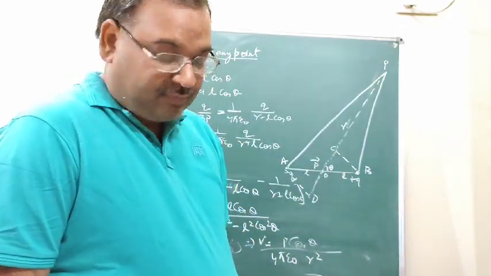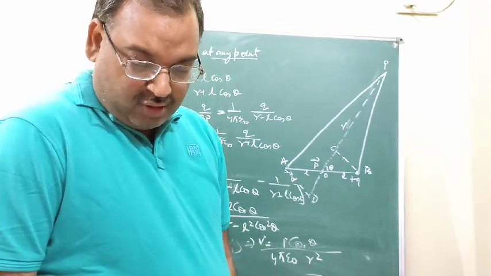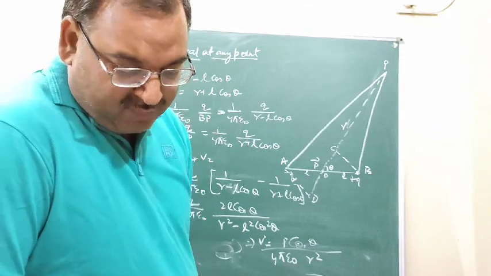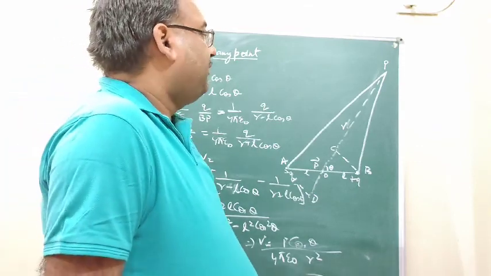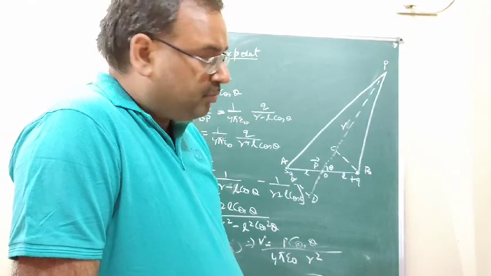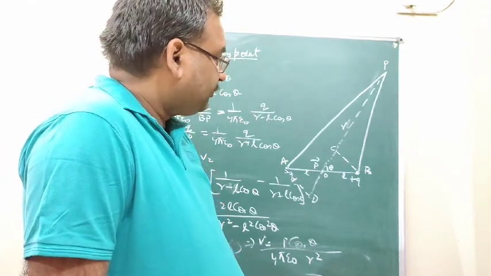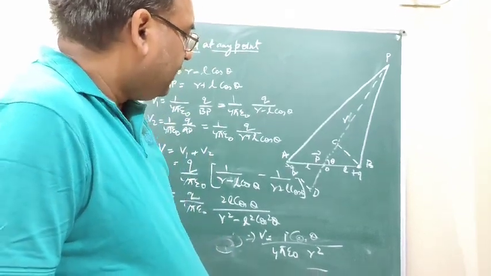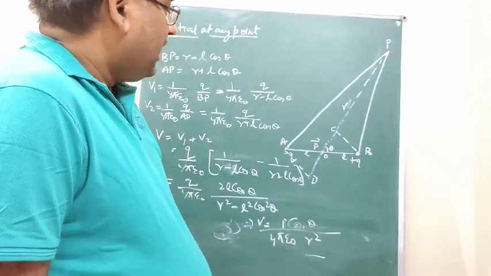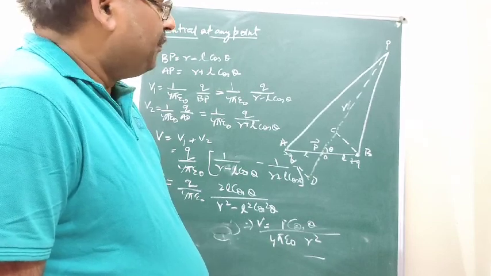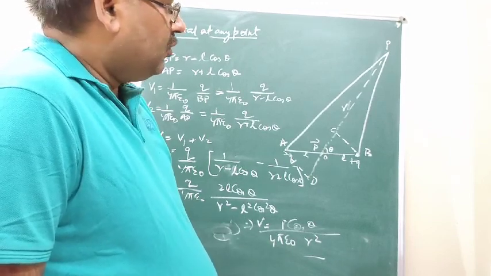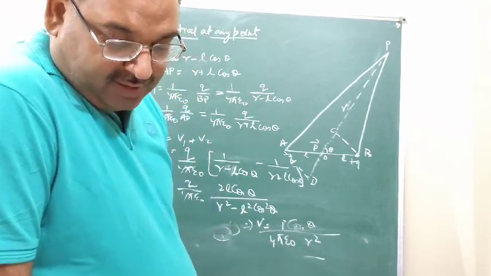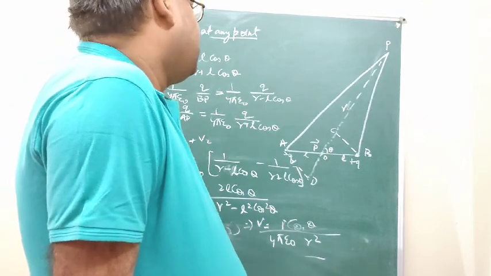So we will find out the coordinates of P. The coordinates of P are r and theta. These are the polar coordinates of the point P. We will drop a perpendicular from A and B to OP, so that we get the values of BP and AP.